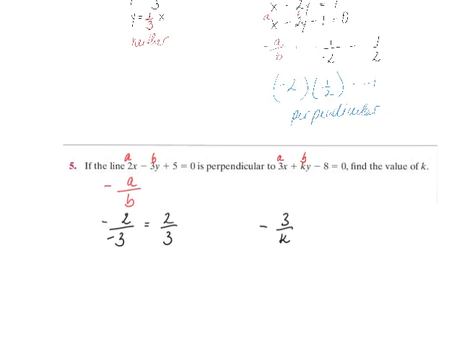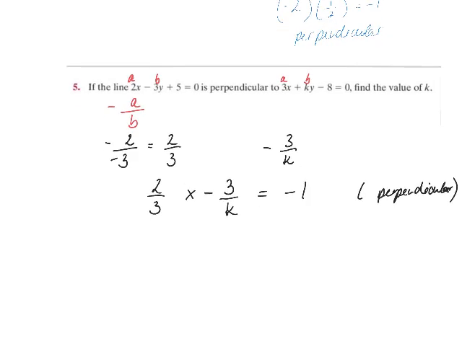And now if I multiply the two of them with each other, 2 over 3 times minus 3 over k, it needs to be minus 1 for them to be perpendicular. I need to multiply the two slopes and get minus 1, and that'll give me two perpendicular lines.